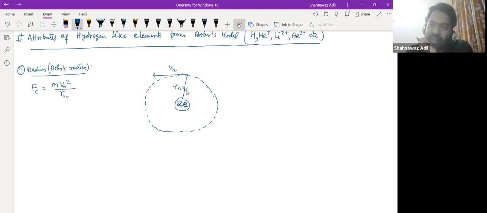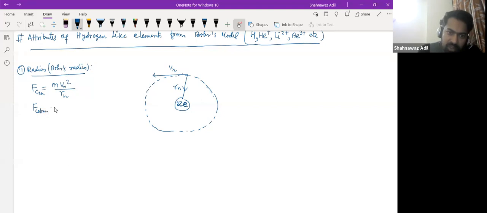What force is attracting this electron towards its center? Yes, the Coulomb force, the electromagnetic or electrostatic force. So the electron is attracted by this Coulomb force.